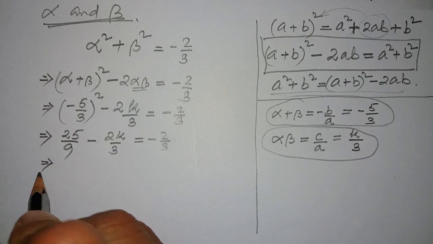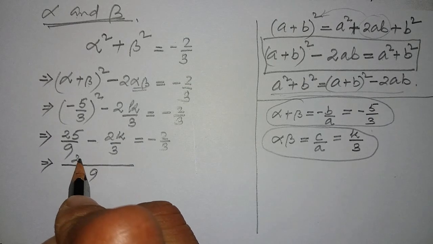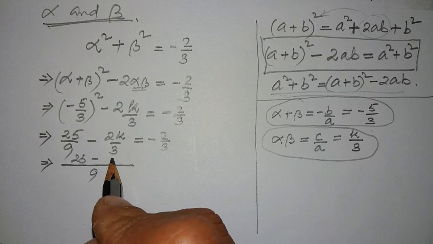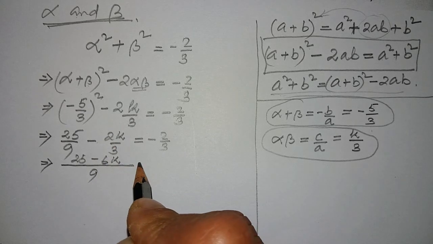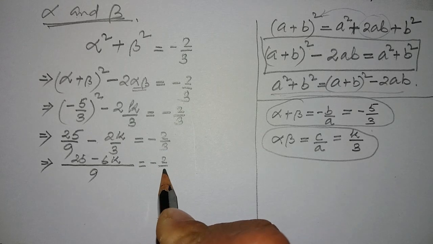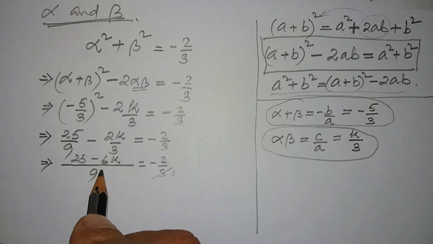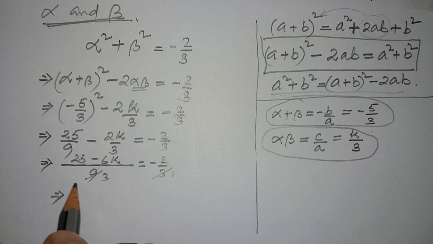Now we're going to take LCM. The LCM of 9 and 3 is 9. We get here 25 minus 3 2s are 6, 6k is equal to minus 2 by 3. Now we can cut here, 3 1s are 3, 3 3s are 9, and after this we're going to cross multiply.